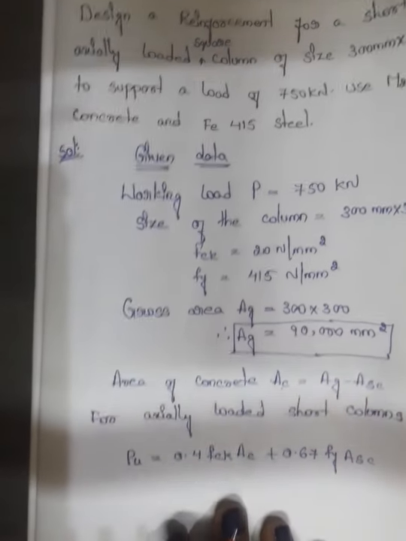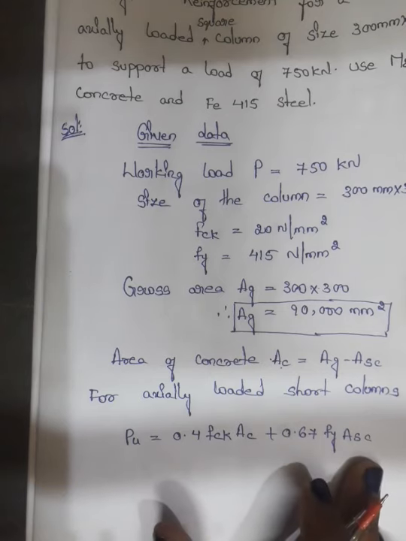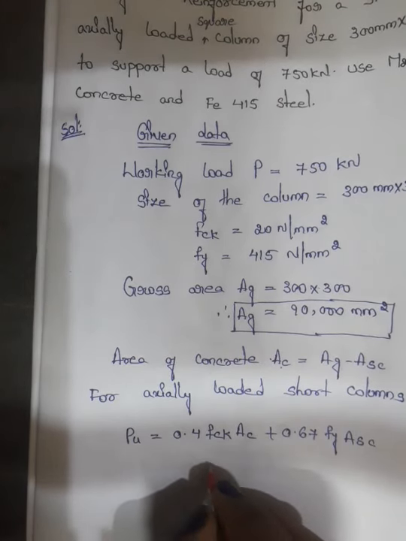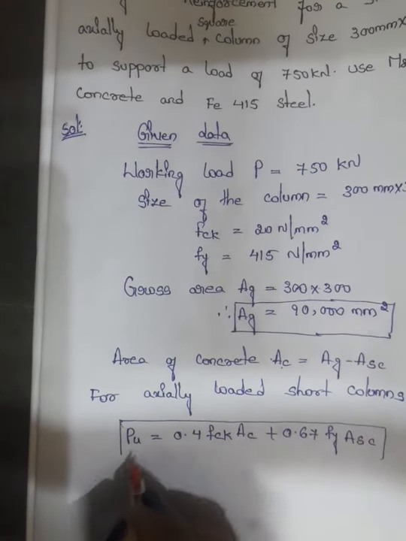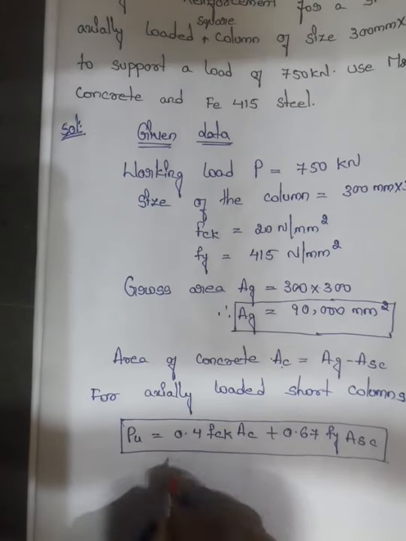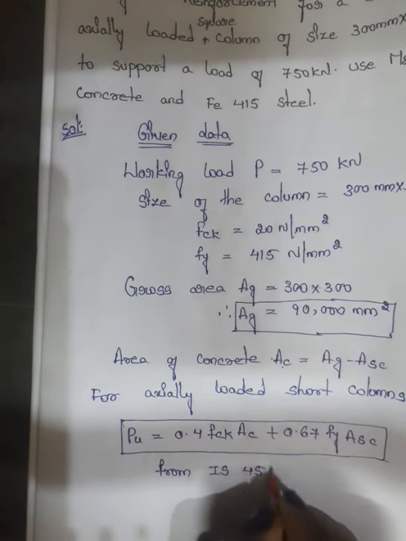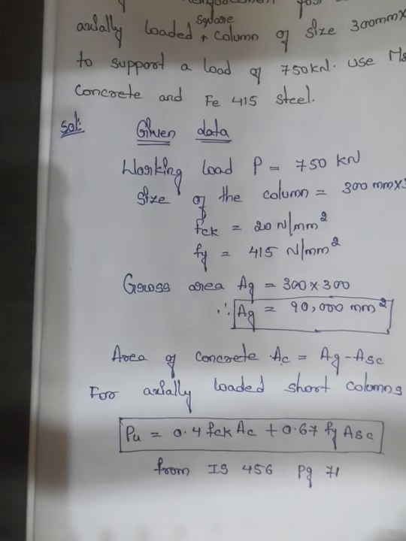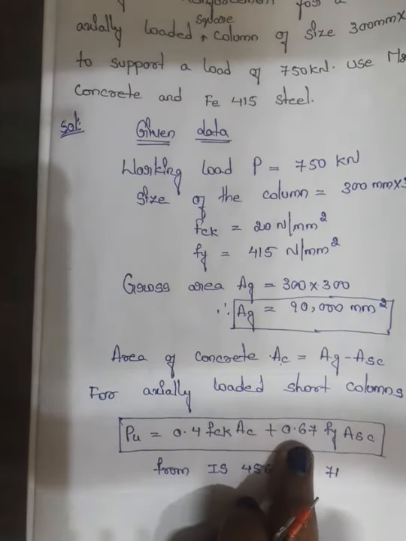So Pu is equals to 0.4 fck Ac plus 0.67 fy Asc. So this formula is from IS 456 page 71. So this is from page 71 of our IS 456 2000. You will be getting this formula, so that formula we have taken from there.